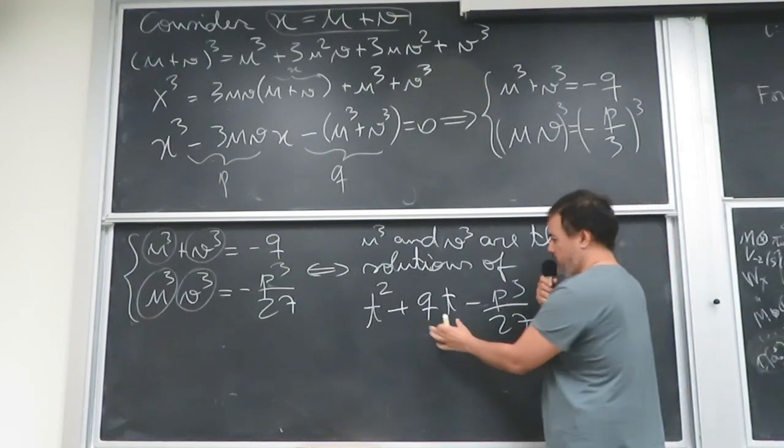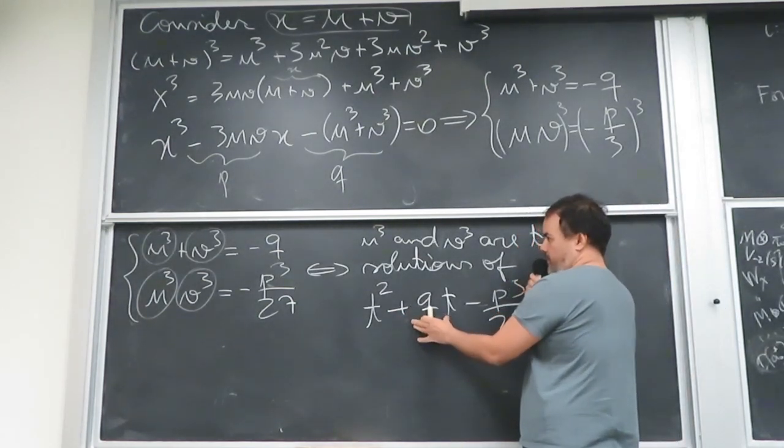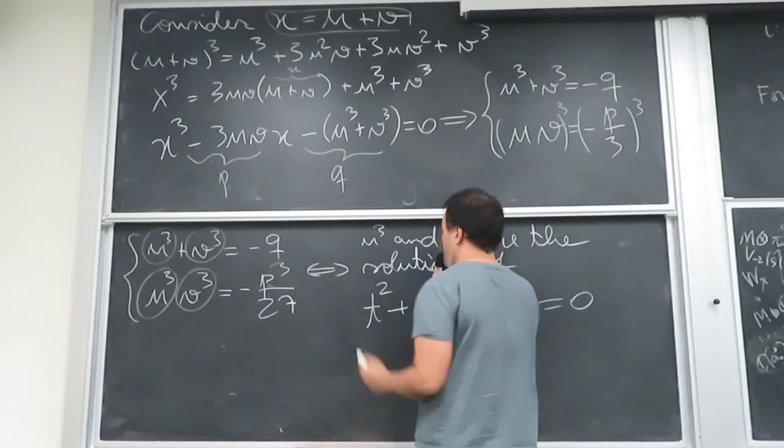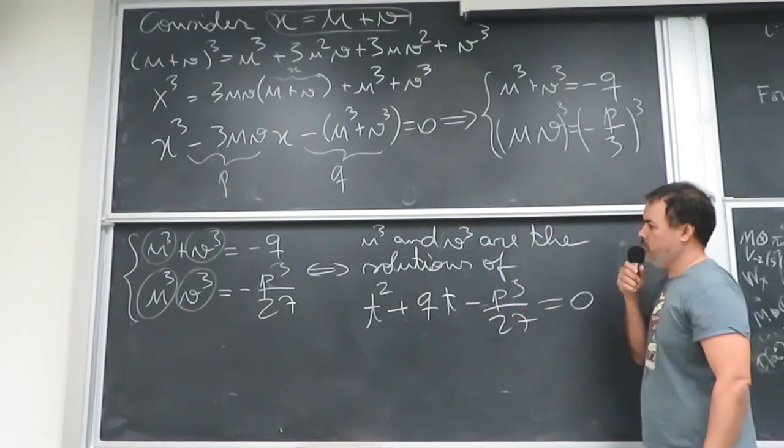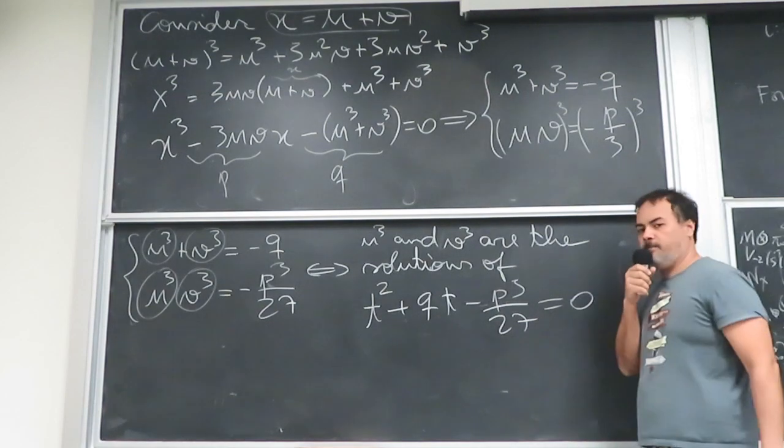Because in general, this is minus the sum of the two solutions, and this is the product of the two solutions of the equation.